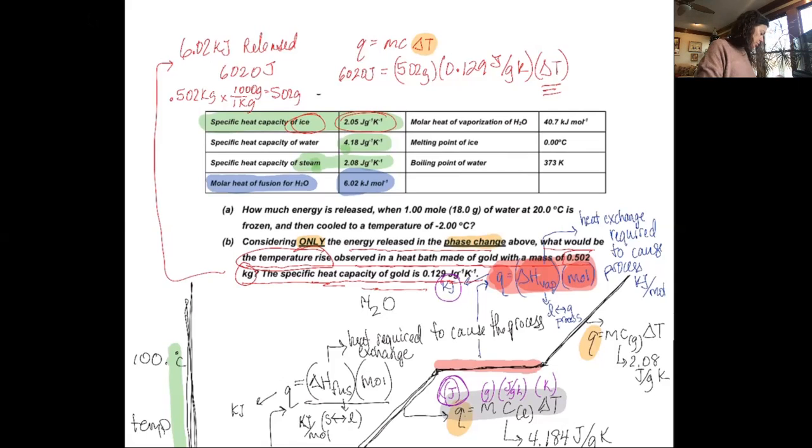So let's just do 6020 divided by parentheses 502 times 0.129. I'm going to stick with 3 sig figs. 93.0. So the change in temp equals 93.0 degrees Celsius or 93.0 kelvins. It's going to go up by that much.